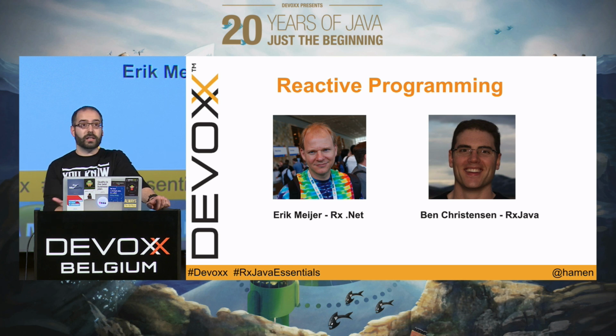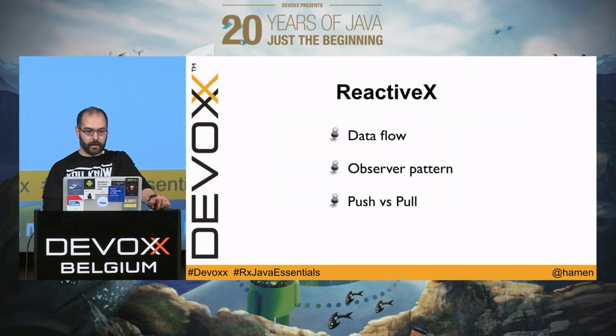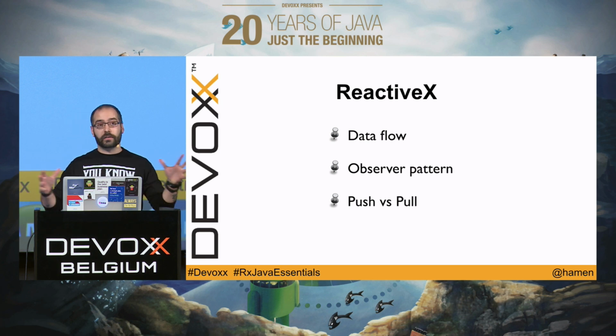RxJava actually is targeting the virtual machine, so is Rx Clojure, Rx Scala, Rx Kotlin, Rx whatever. Right now we have RxJS, Rx Python. Everything is going reactive because it's cool. And that's most of the reason, because it's reactive extensions and not just RxJava.